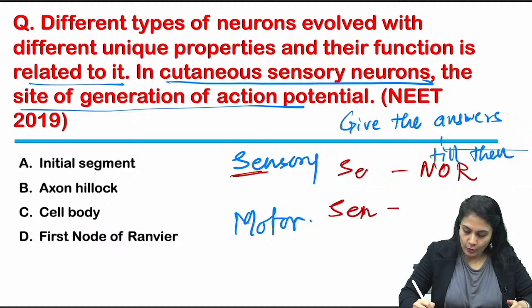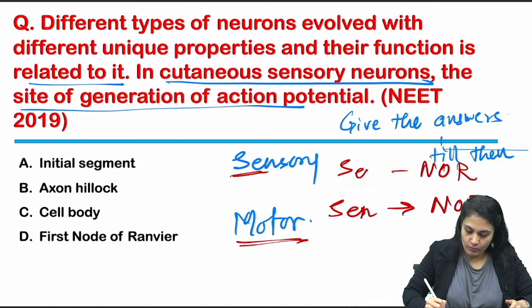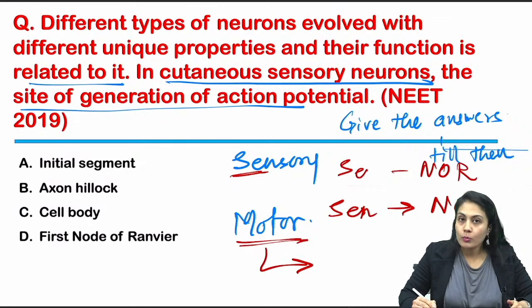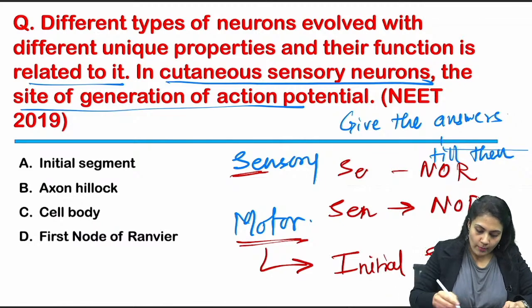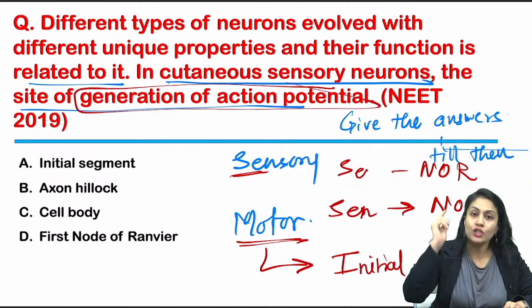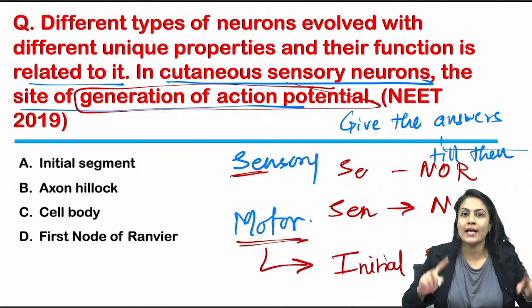Sensory neuron, when I talk about it, it is going to be the nodes of Ranvier and motor nerve. About the motor nerve, please remember it is going to be the initial segment. So whenever they ask you about the generation of action potential, just remember Miss Senorita.